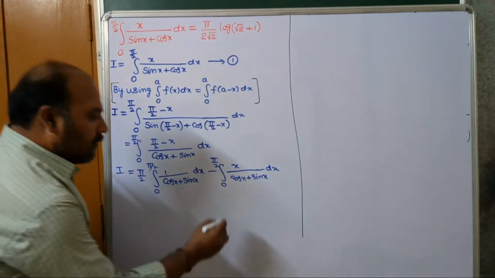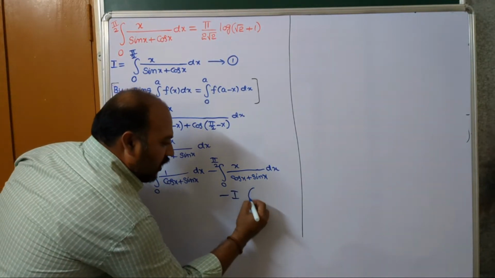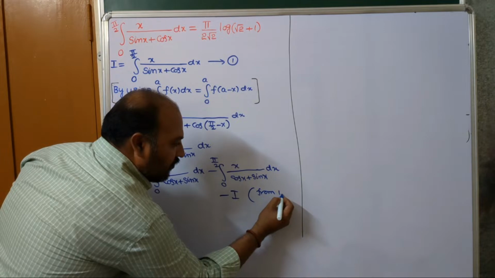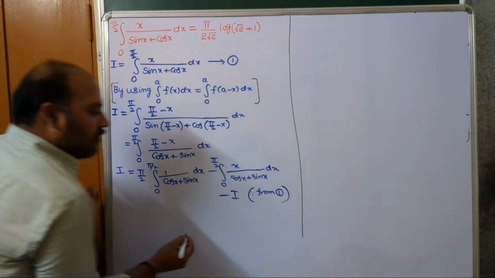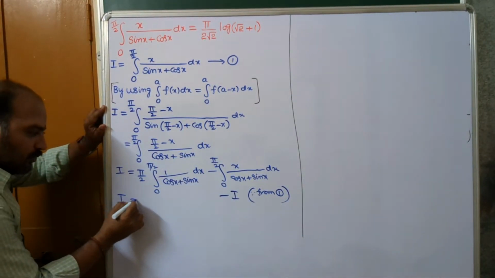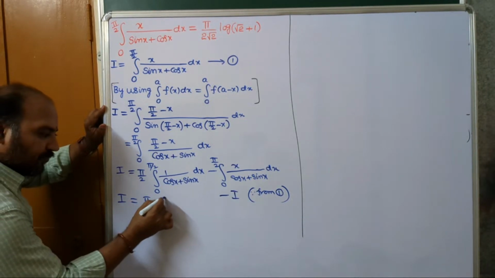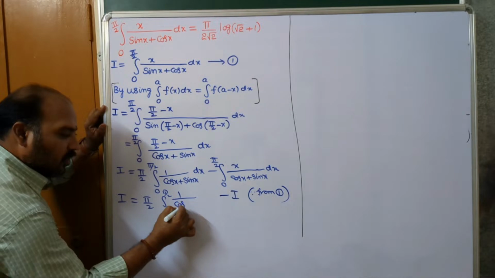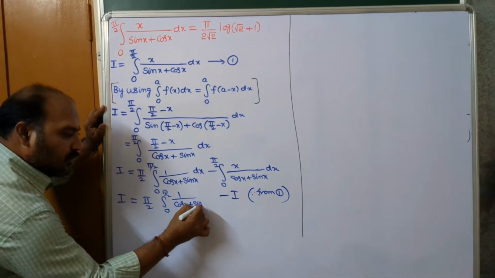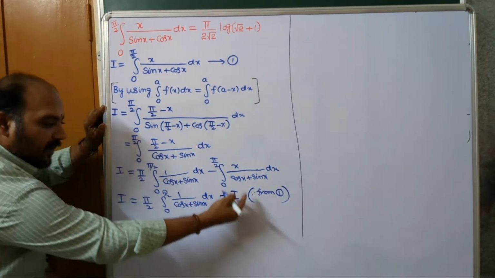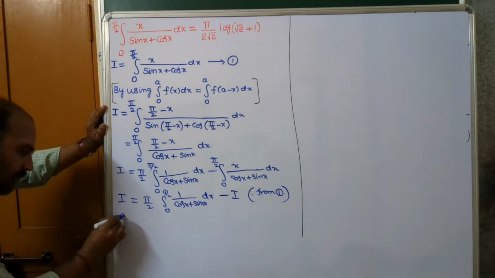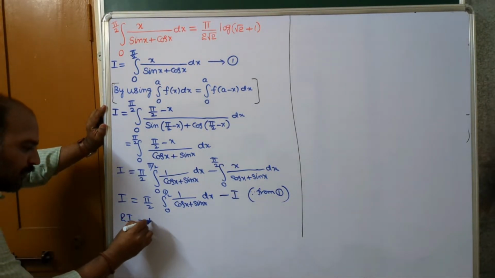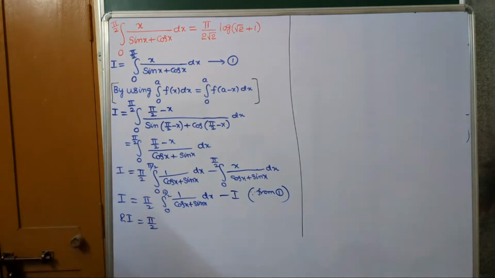So minus I from equation 1. So I equal to pi by 2 integral 0 to pi by 2, 1 by (cos x plus sin x) into dx. So minus I bring this side, 2I is equal to pi by 2. Are you able to see, all of you? Yes, good.